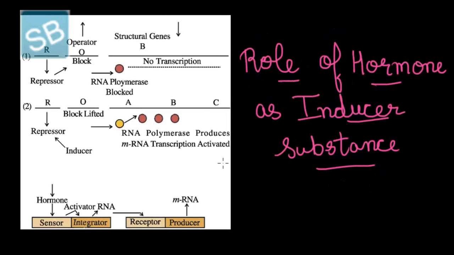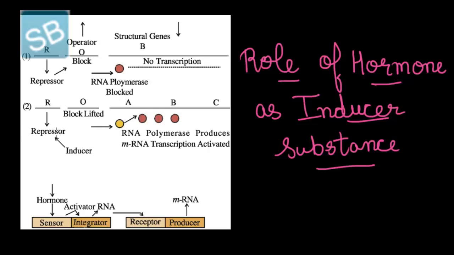This figure depicts the role of the hormone as an inducer substance. As can be seen from the figure, the repressor protein, represented by R, in its presence blocks the operator, that is O, as a result of which the structural gene becomes inactive and the RNA polymerase gets blocked, due to which transcription does not occur.